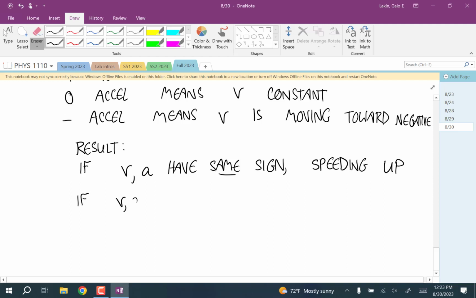If the velocity and the acceleration have opposite signs, the object is slowing down.